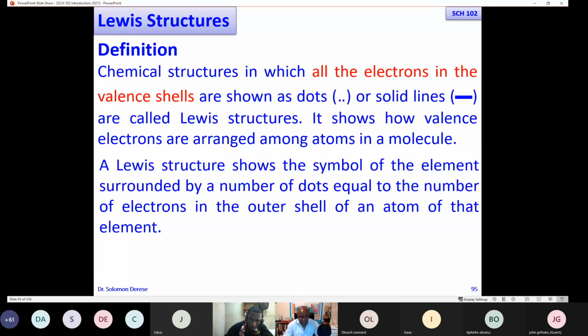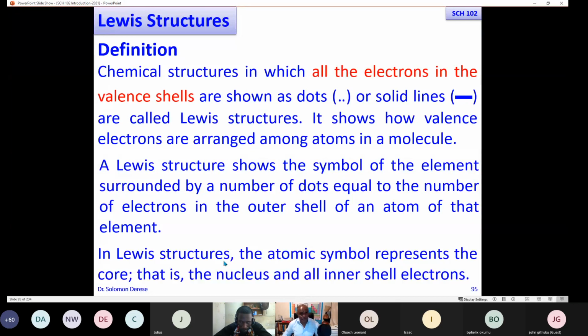So when you write the symbol C, that symbol represents what is contained in the nucleus, the protons and the neutrons, and then what is available in the inner shell. So then we show the valence electrons as dots. A Lewis structure shows the symbol of an element surrounded by a number of dots equal to the number of electrons in the outer shell of an atom of that element.